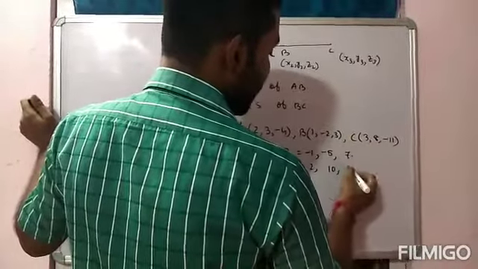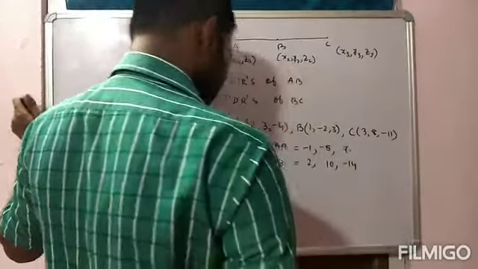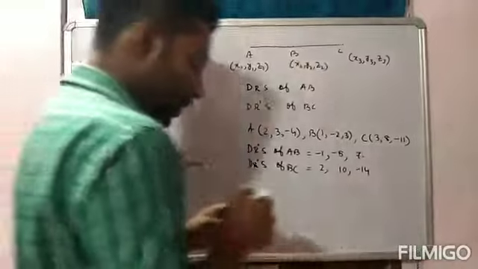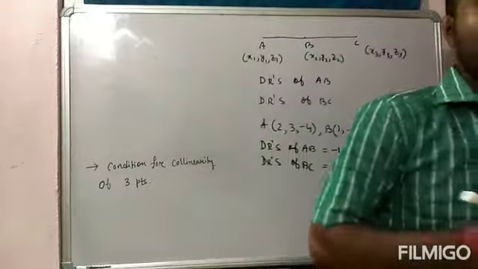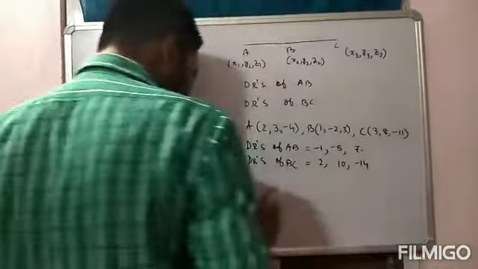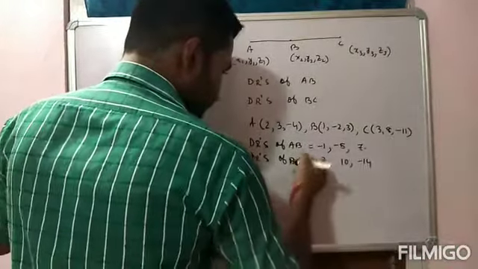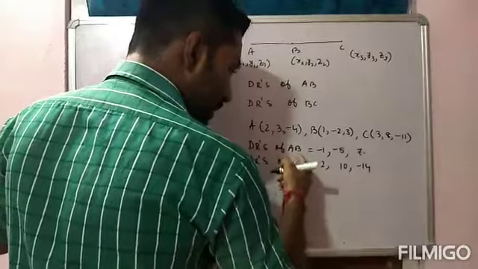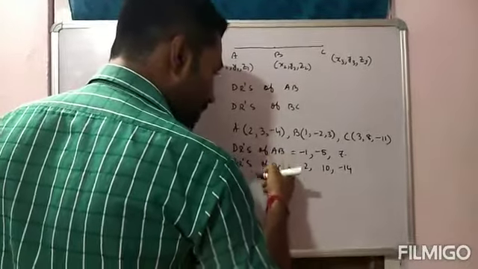Minus 11 minus 3 is minus 14. Now you have to check whether the direction ratios of AB are proportional to the direction ratios of BC or not.